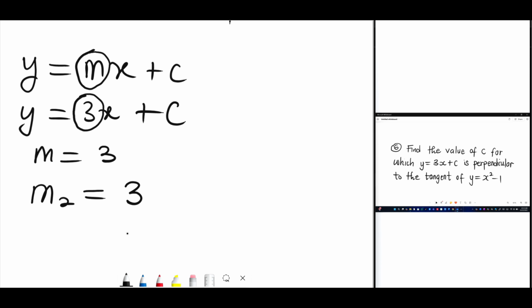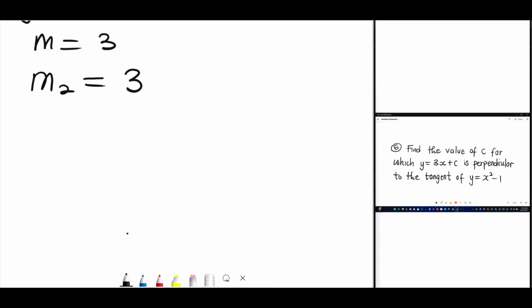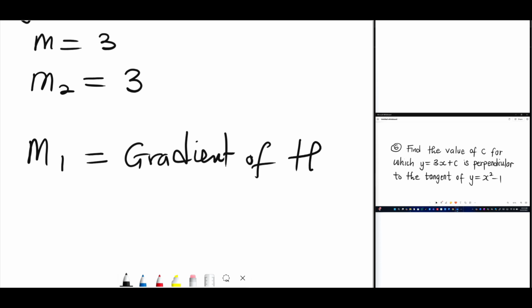Now let us get the gradient of the tangent. The gradient of the tangent, which is m1, is equal to the gradient of the curve at the point where the line y equal to 3x plus c meets the tangent. So the gradient of the tangent is equal to the gradient of the curve.